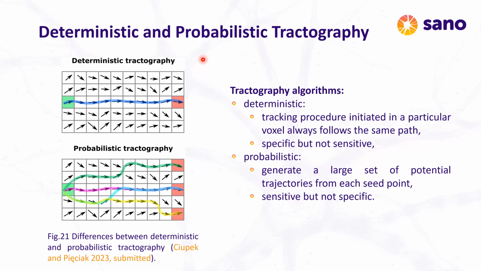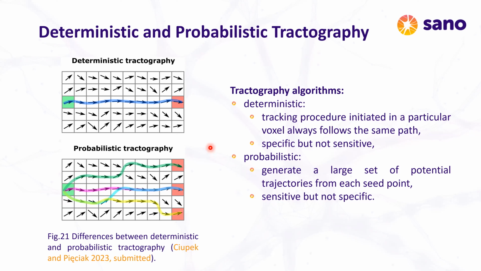Deterministic algorithms are considered specific and insensitive. They can correctly reconstruct the known paths of the fiber bundles, but at the same time, they can skip generation of shorter trajectories. Probabilistic algorithms, on the other hand, generate a large set of potential trajectories from each seed point, and they are referred to as sensitive and non-specific.